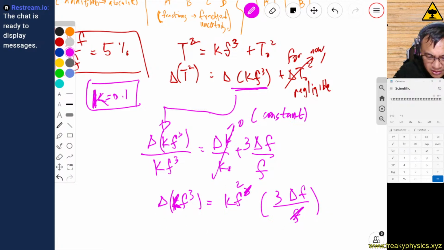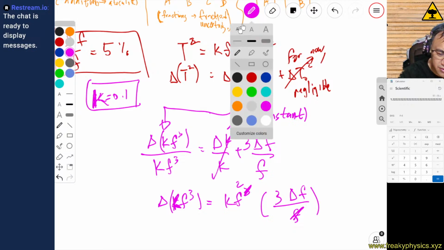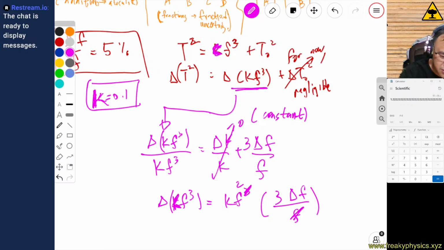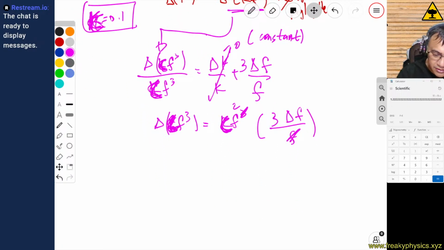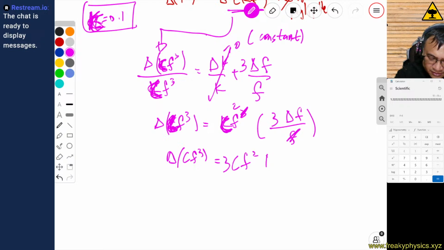Oh, sorry, I used c earlier. I changed that to c, so let's change that to c as well. So delta c over c, delta c, c here, c here, and c here. Okay, so going back, the idea now is our delta cf cubed is actually equal to cf squared, 3 times delta f.